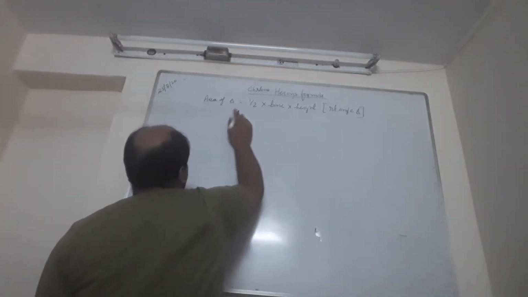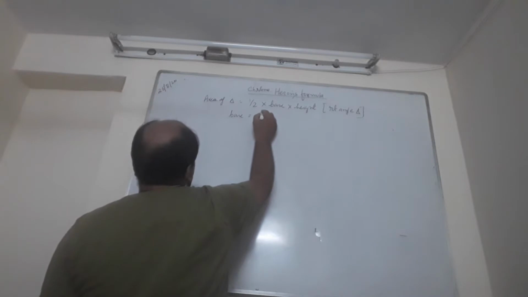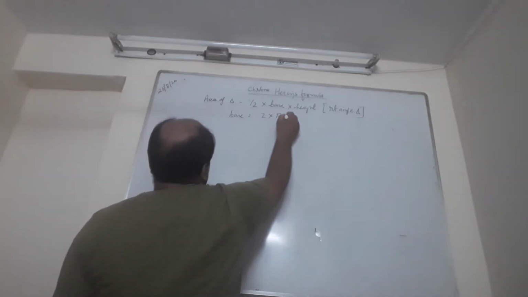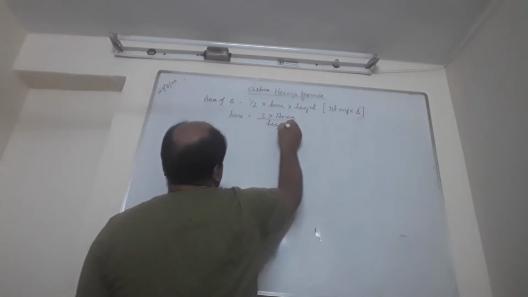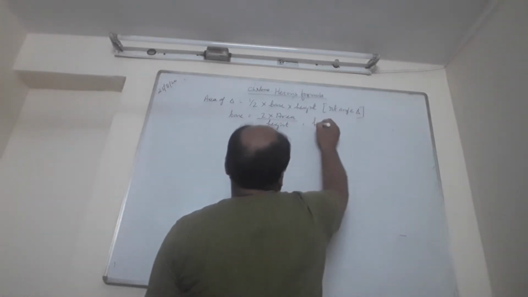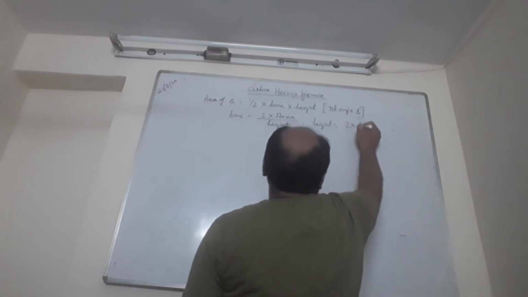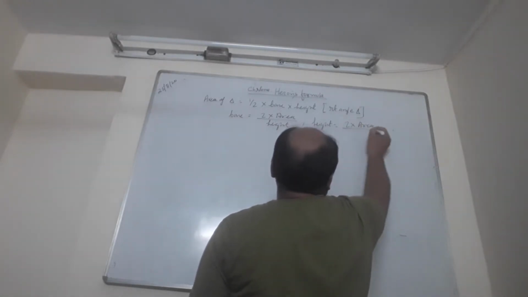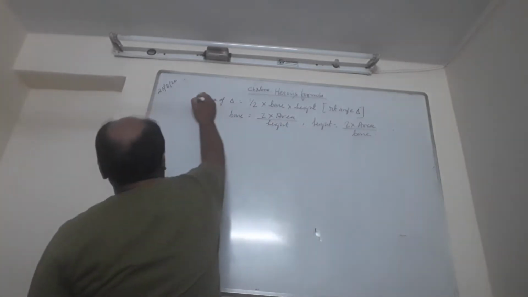From this we can also make base equal to 2 into area divided by height, and if you want to find height, then we can write 2 into area of the triangle divided by base. This is one of the formulas.